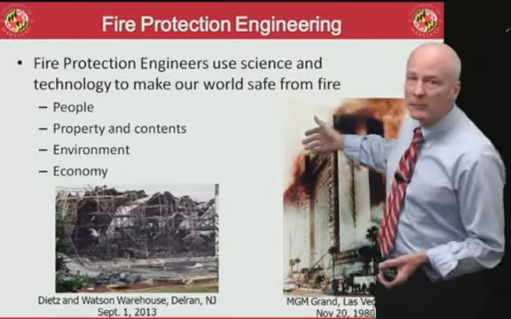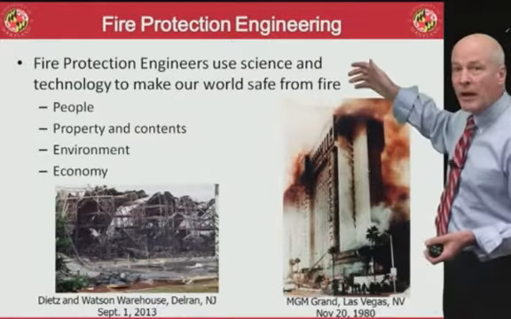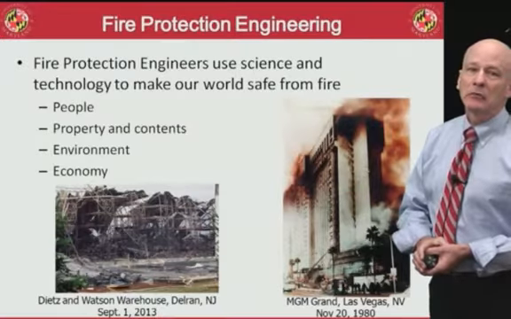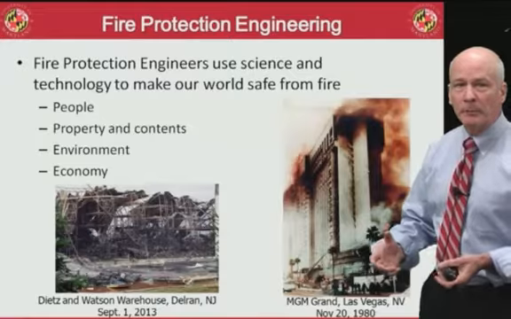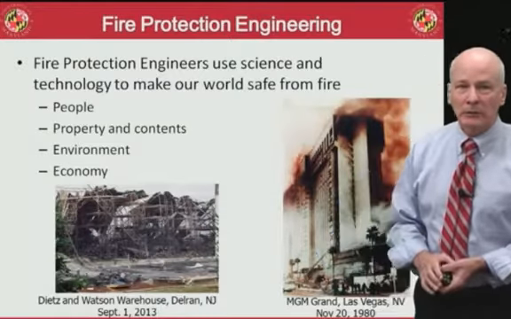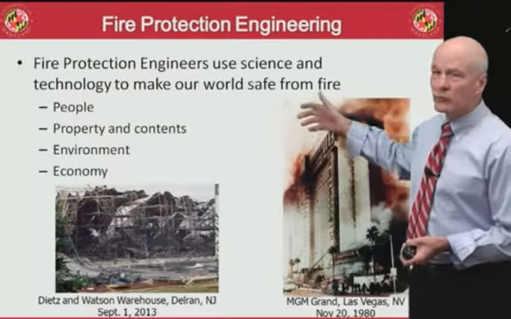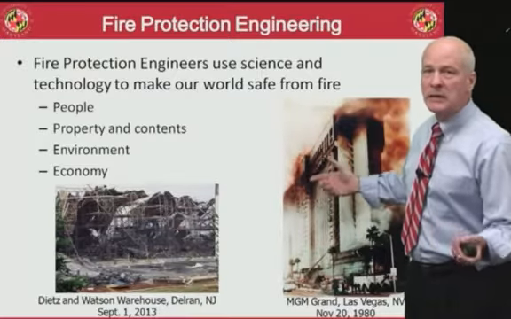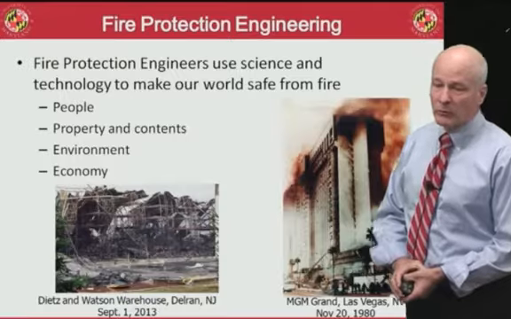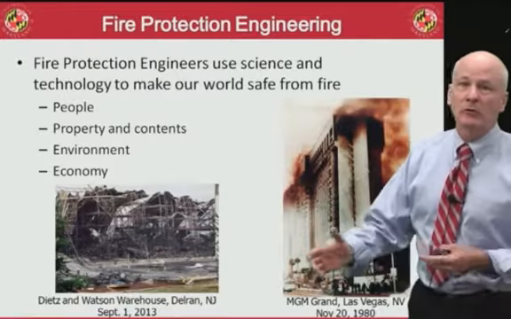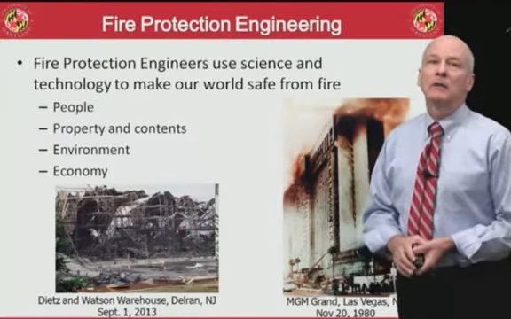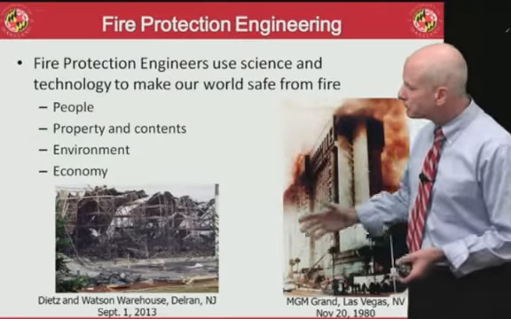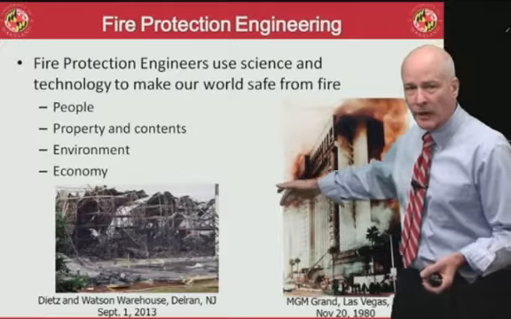You see in a couple of photos here the MGM Grand fire in Las Vegas in November of 1980, where 84 people died. Very much a life safety issue, with the deaths and the many injuries. The hotel was out of business from November until the following July, until the renovations could be made following the fire.